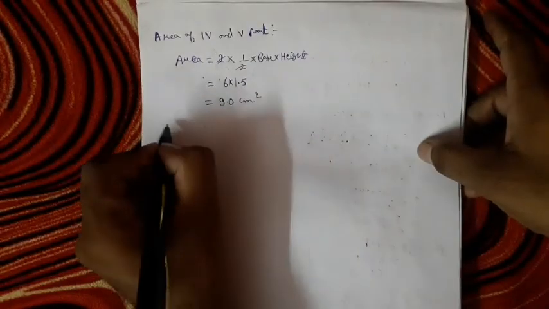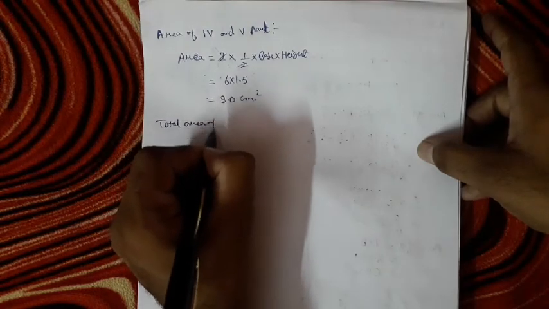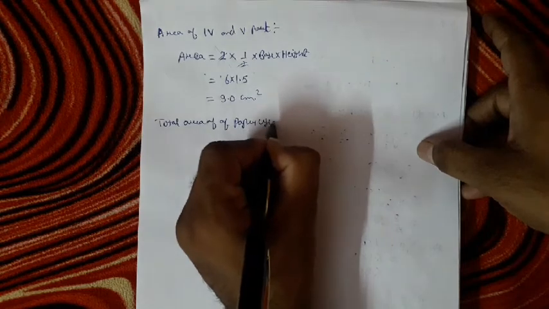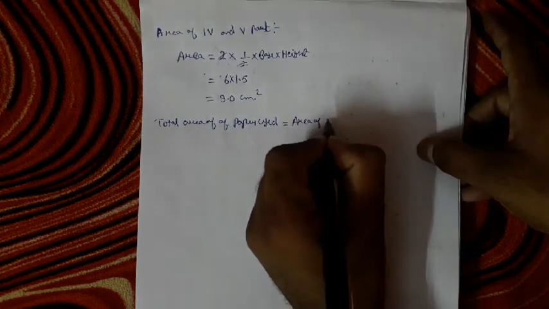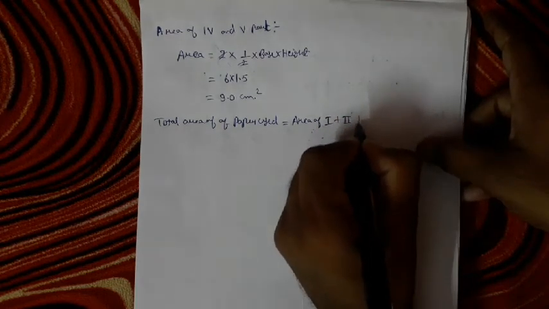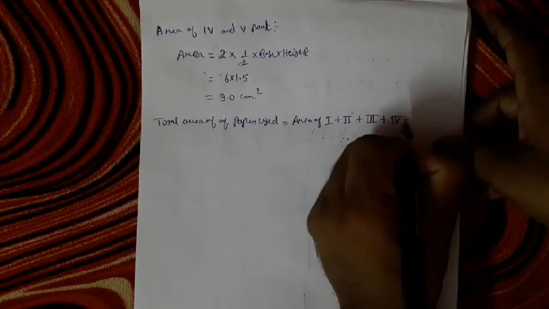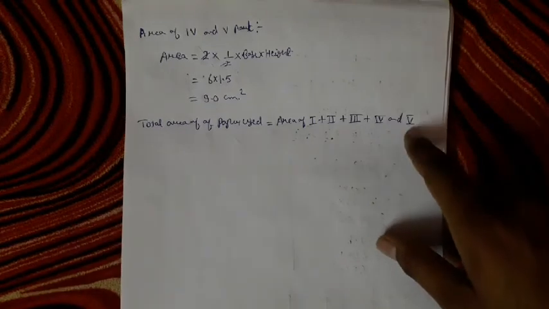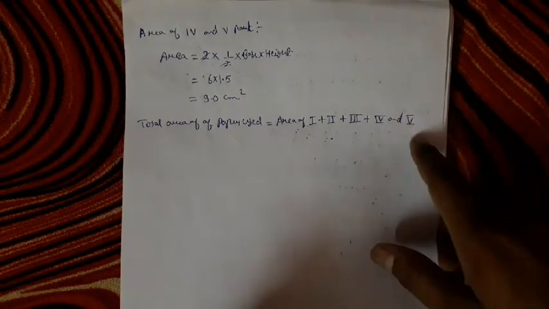Now we have to find the total area of paper used, meaning the area of first plus area of second plus area of third plus area of fourth and fifth, which we have solved together. If I didn't find them together, I would have to write the area of fourth plus the area of fifth.